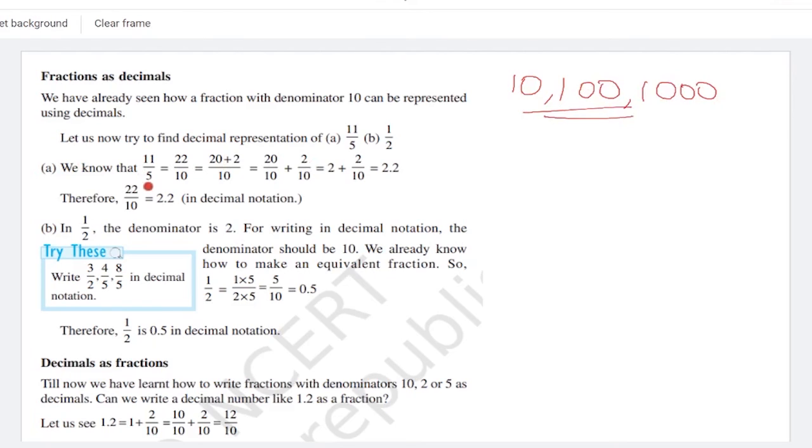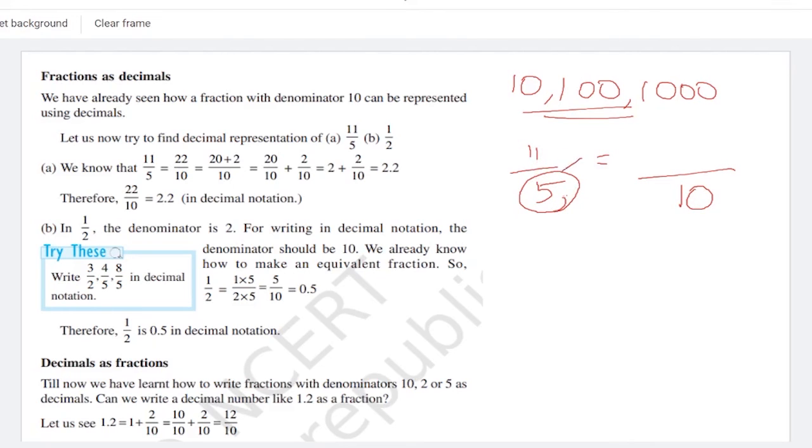So in this example, 11 by 5, you have to bring this denominator 5 in terms of 10. How will you do that? The value should not change.